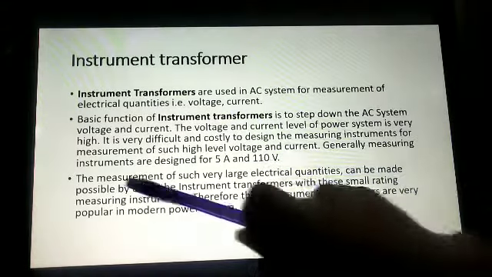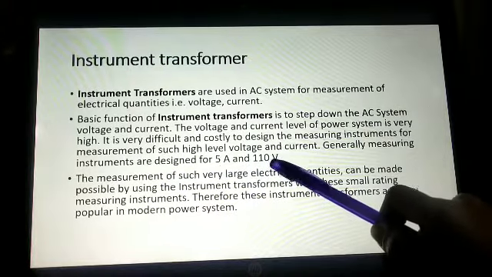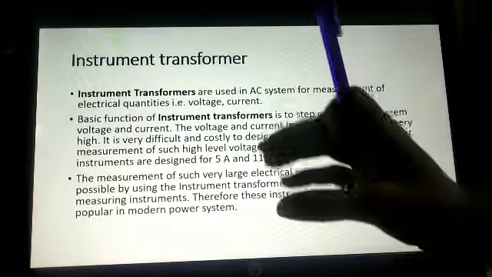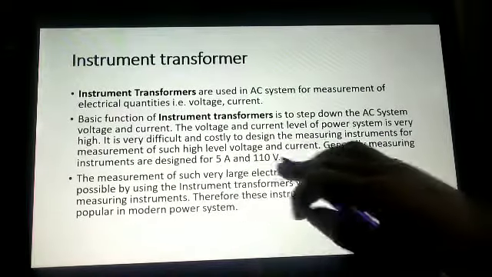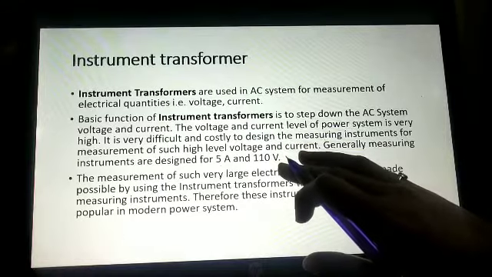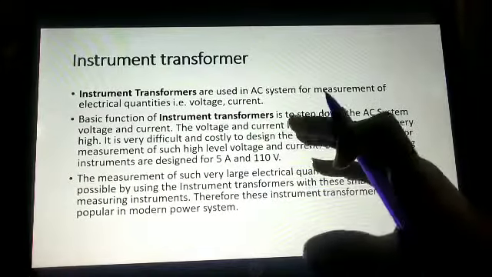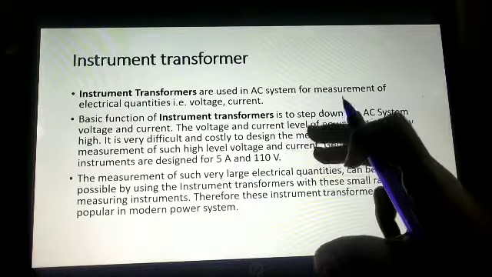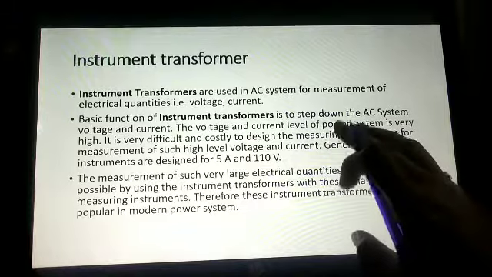Generally measuring instruments are designed for 5 ampere and 110 volts, right? So our normal ammeter can measure up to 5 ampere and our voltmeter can measure up to 110 volts, right? We cannot use our regular ammeter and voltmeter to measure the high value currents that are in power system. So what do we do here?